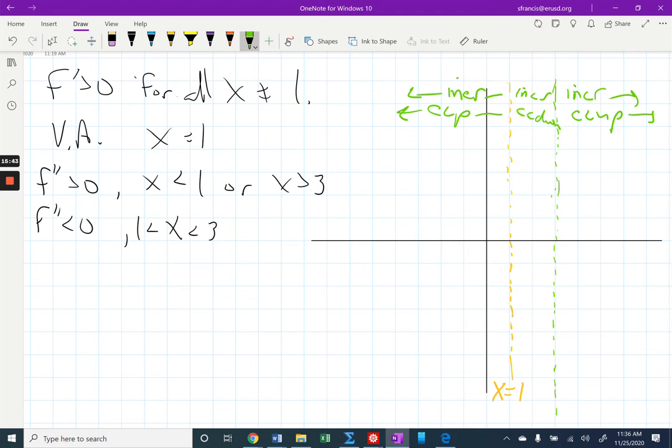Now I just need to hook the pieces together like we did in our notes. Increasing concave up looks something like this. It's always increasing and concave up on this interval, so you can do something like this. There are lots of ways of making that true. And this is an asymptote, remember, so it's got to be heading towards that.